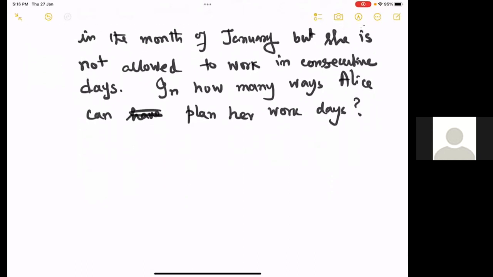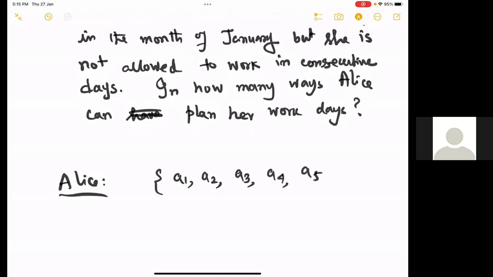There could, of course, be many ways to attack such problems. Probably you have seen such problems. Here we'll do one way that will help you in many other combinatorial proofs. So what is Alice trying to do? She's trying to find days. Let's say they are A1, A2, A3, A4, A5. These are the days in January, and no two are consecutive.